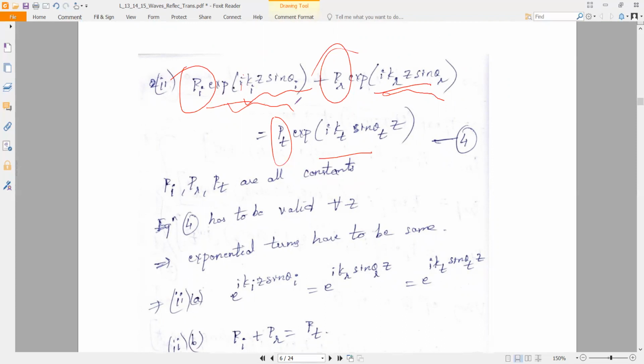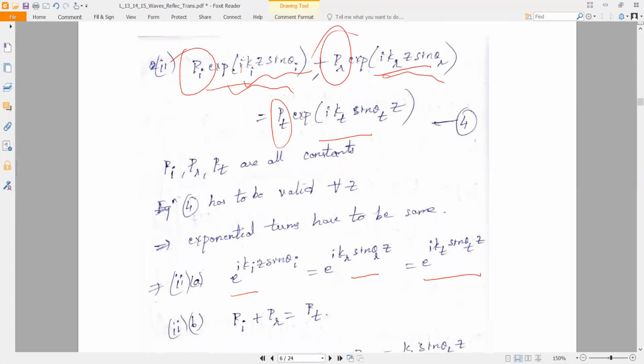So I set all the phases to be equal. These are the three phases, and I've set this to be equal. And since these phases become equal, equation 4 simplifies to Pi plus Pr is Pt, because we are setting all the phases of the incident, reflected, and transmitted wave to be the same.